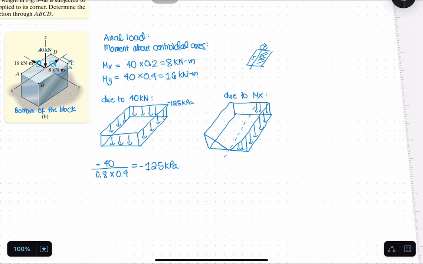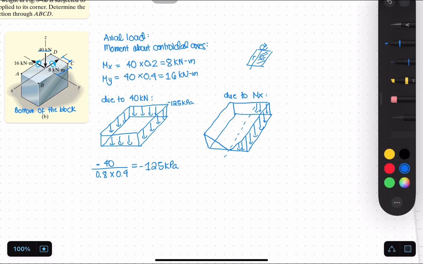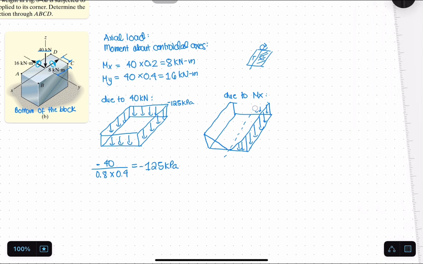And then, dito naman, triangular din. So, pag ganyan. So, pababa yan habang dito pataas. Okay?